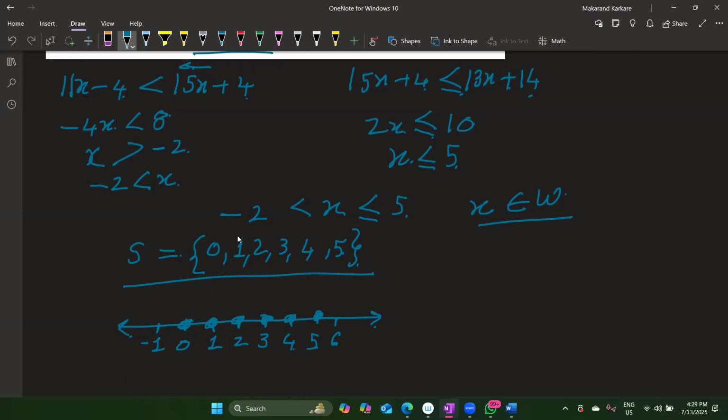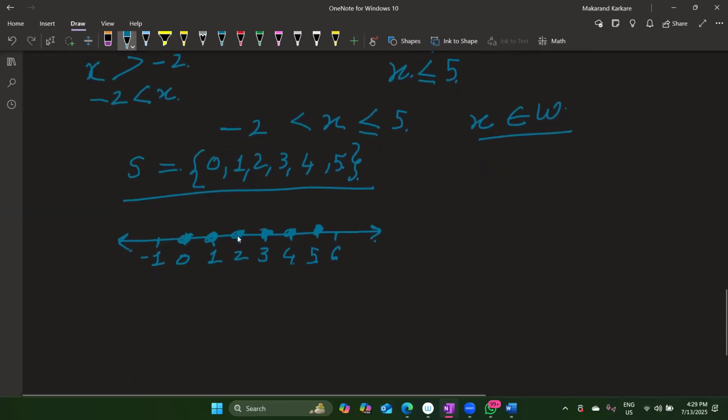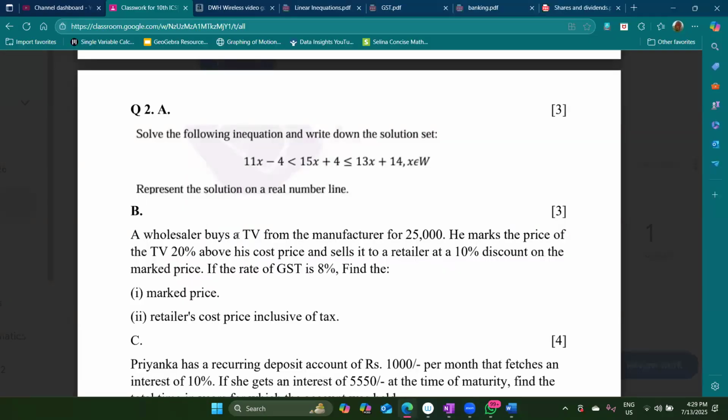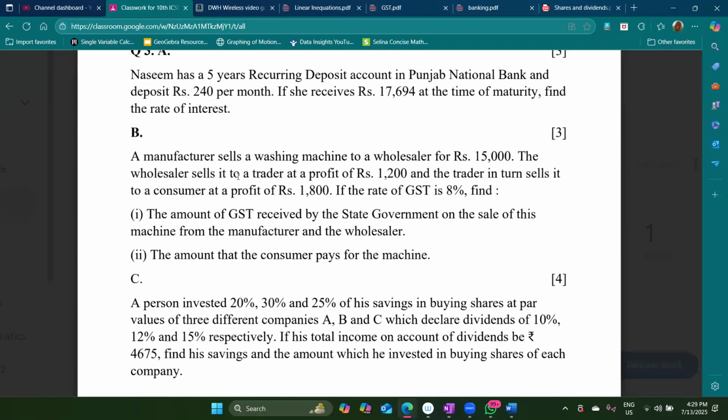So if there are no specific doubts, we could go to the questions and do the MCQs from there. I think we should be able to solve all the MCQs from Test It Yourself. Have you solved Test It Yourself? Yes, Soham? So can you solve question 5A from the unit test as well? Question 5A, from the paper.